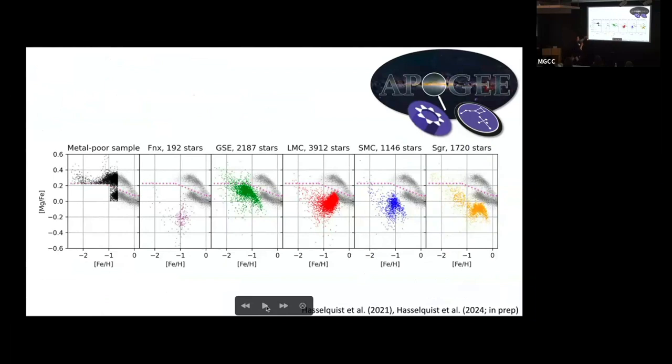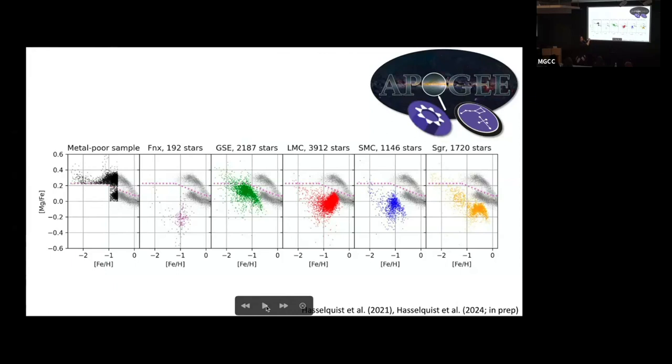And this is showing you their alpha-to-iron distributions. And I wanted to show this to give you a sense for how different and weird the dwarf galaxies are compared to the disk. So the disk has the two characteristic sequences in gray. So there's the high-alpha sequence and the low-alpha sequence, and that's the alpha bimodality that we've talked about.